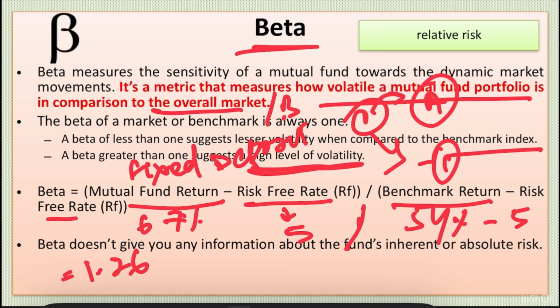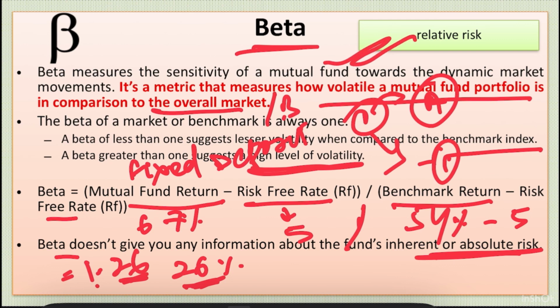It tells us that the portfolio has performed 26% better than the benchmark, because I've already told you the beta of the benchmark is 1. So when my beta comes out to be more than 1, this means that portfolio A has performed 26% better in comparison to the benchmark, right?